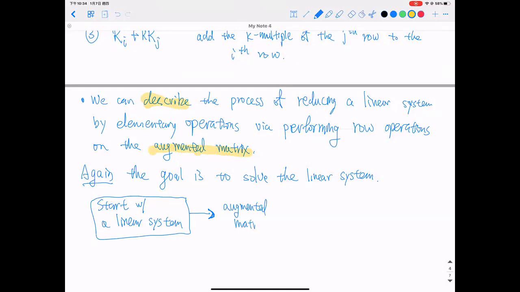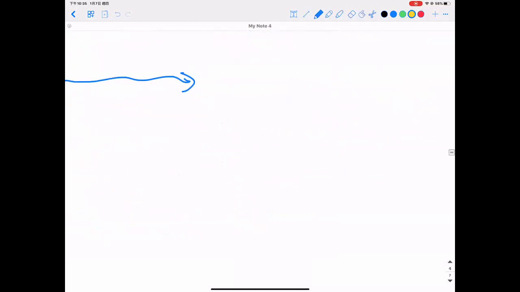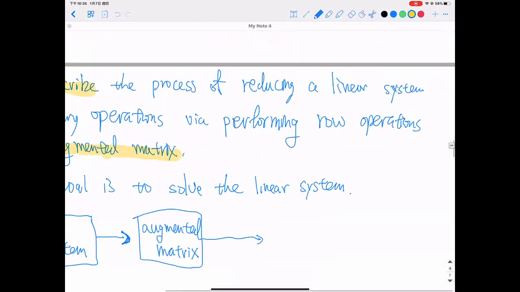And now the next thing to do is to perform row operations. I don't know why that happened.